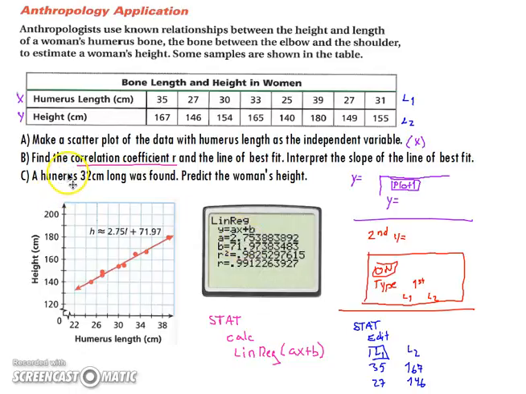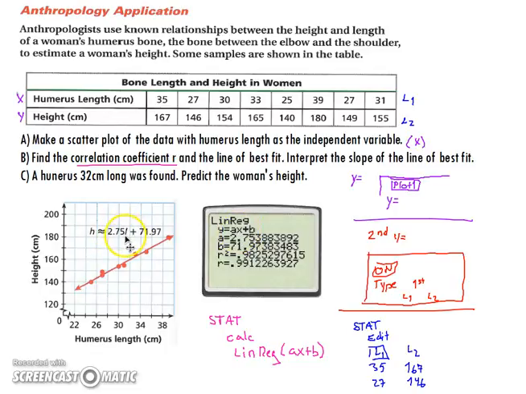So now we want the humerus. If the humerus was 32 centimeters long, so what would be the height? Well, there's your input value, so you're going to input 32 in for x and get an output value. So simply substitute 32 in this case.